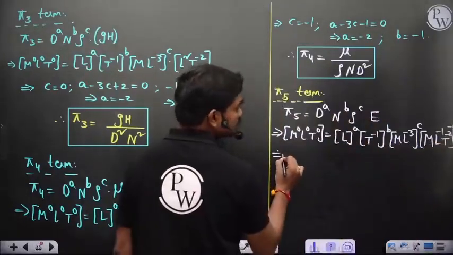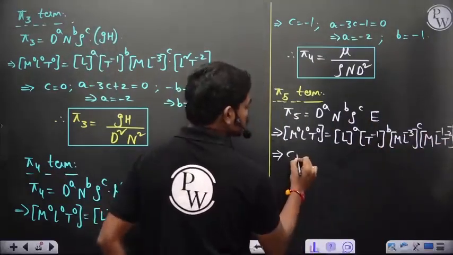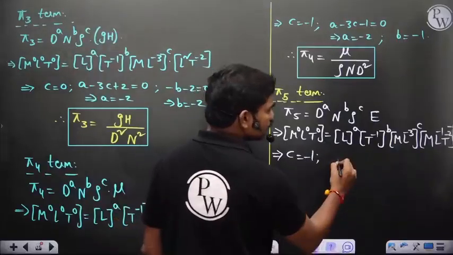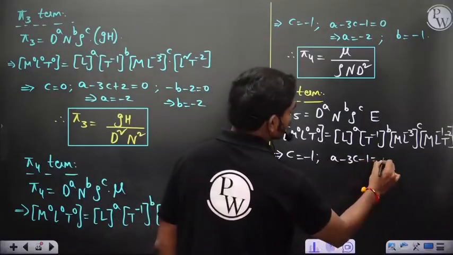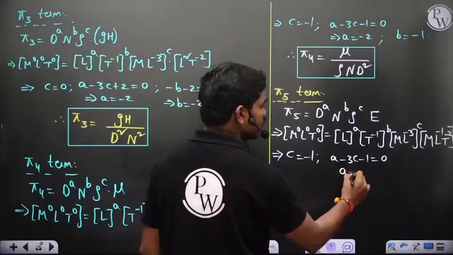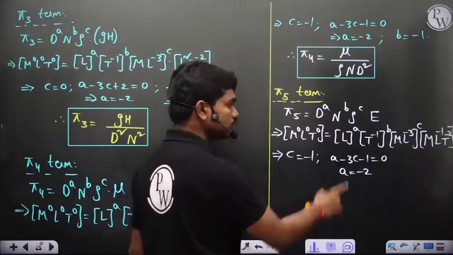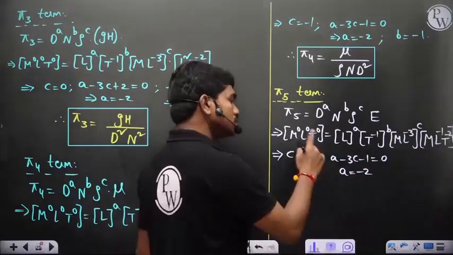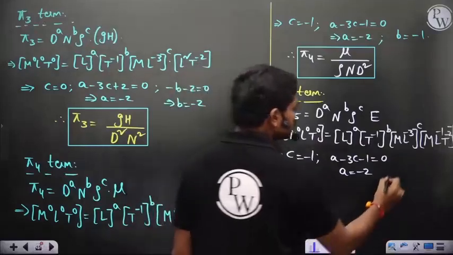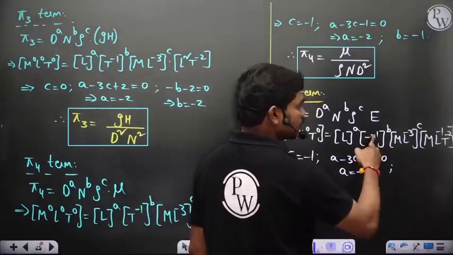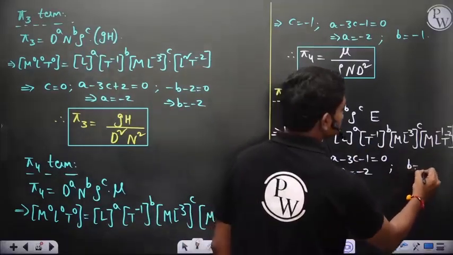So if you simplify this, 1 plus c is 0, so c is minus 1, then a minus 3c minus 1 is also 0. So when c equal to minus 1, a equal to minus 2, correct? So 3 minus 1 is 2, so a plus 2 is 0, so a equal to minus 2. Then what about b? T minus b minus 2, so b is minus 2, that's it.